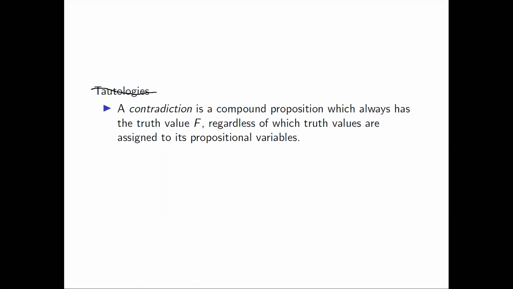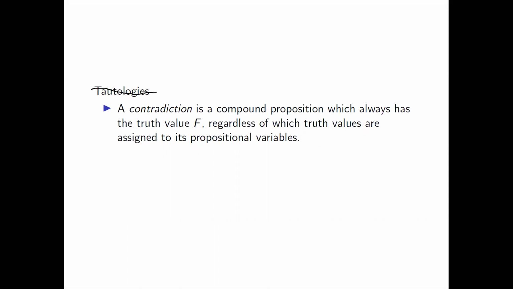So this is about contradictions. A contradiction is another kind of compound proposition. And instead of always having the truth value true, like tautologies, it always has the truth value false, which we denote F. It has the truth value false in every row of the truth table.